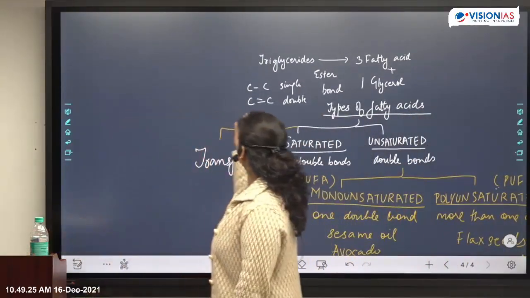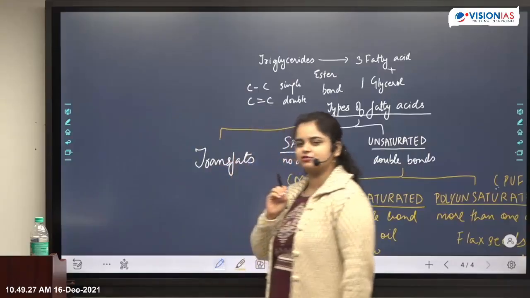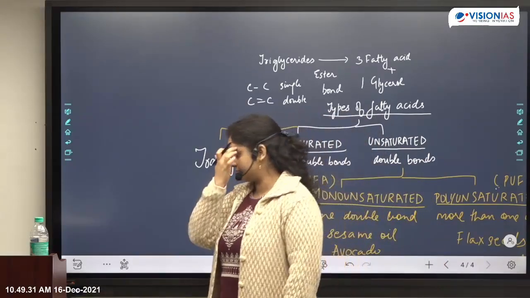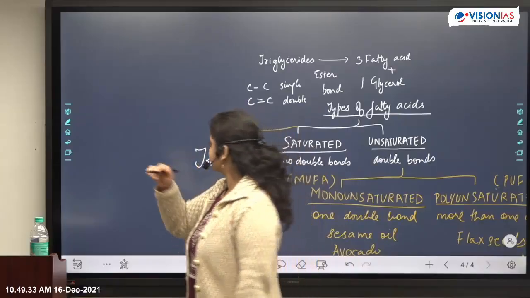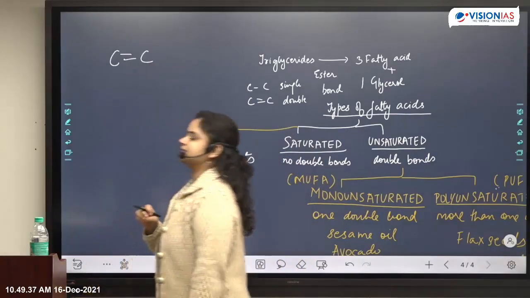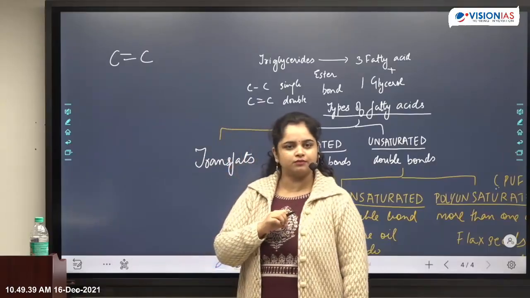What we do is we take an unsaturated fatty acid. Supposedly we will take vegetable oil. Vegetable oil is unsaturated. It has a carbon-carbon double bond.